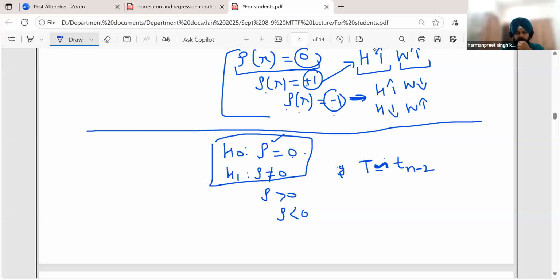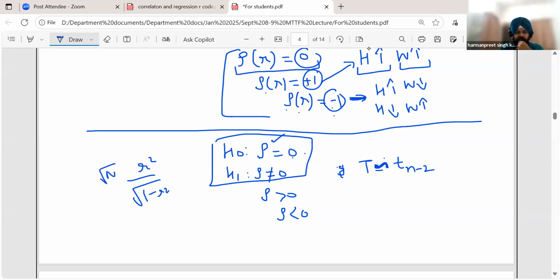If someone has a question in mind about why we consider n-2 and not n-1, the reason is that the mathematical form we use is r times the square root of n-2, divided by the square root of 1 minus r square.